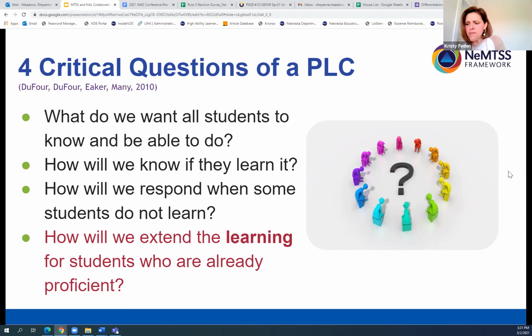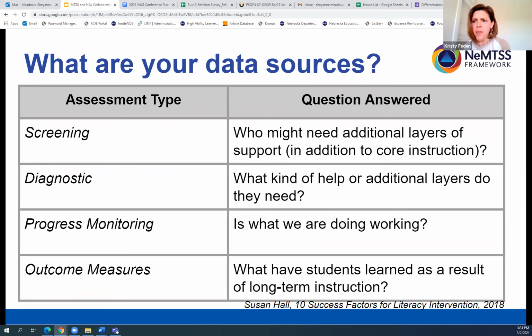So on the next slide, we are going to, again, reiterate one of the tools and one of the structures or systems that you need to have in place to be able to answer those questions. And we talk a lot at the districts, with districts in our system training about a balanced assessment system. And we won't go into that in depth today, but the balanced assessment system is what allows you to identify those students who might be varying in some way and shape and form from that grade level expectation.